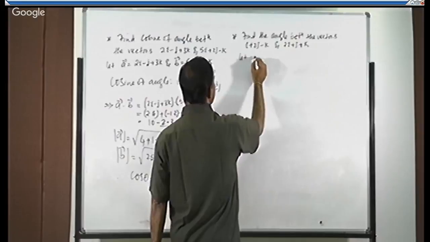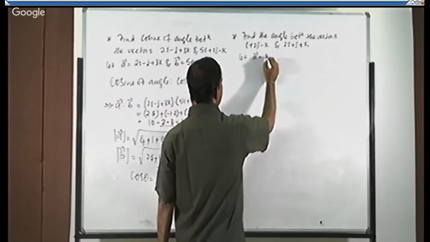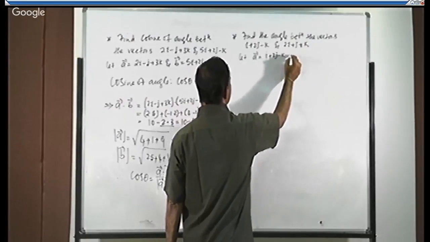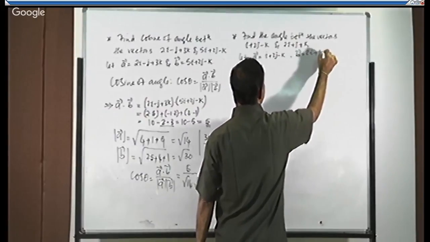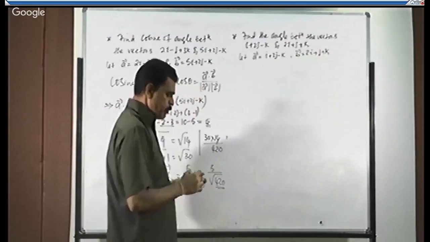Consider the given vectors as a and b. a is i plus 2j minus k. b is equal to 2i plus j plus k. So we need to calculate the angle between the vectors.